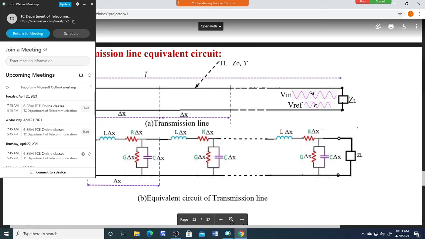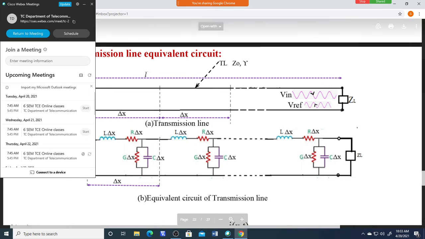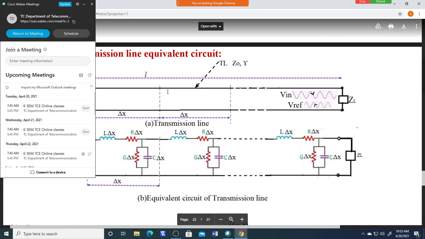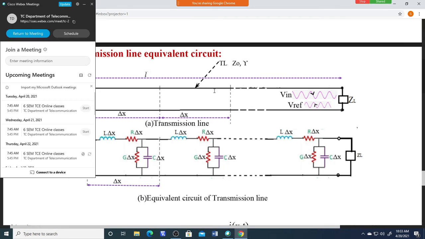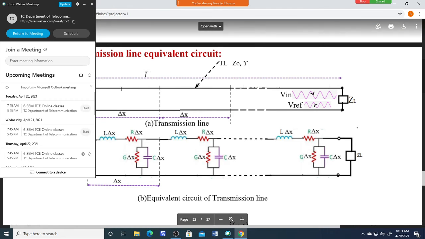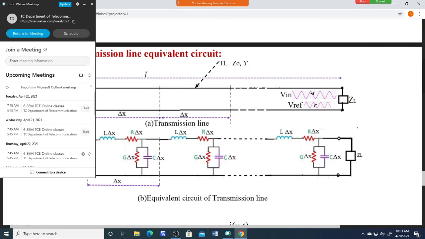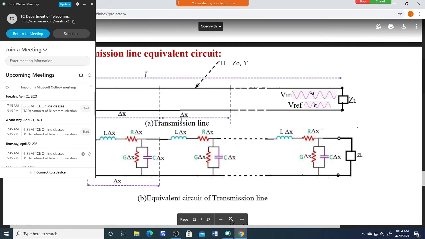This is the source here. Similarly, voltage and current are functions of distance. If you measure the voltage here, it is not the same as the voltage measured here. It depends upon the distance.